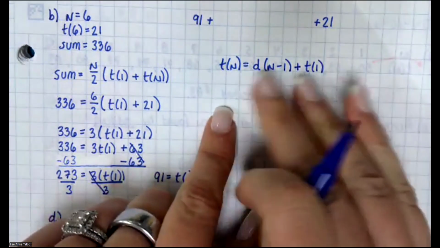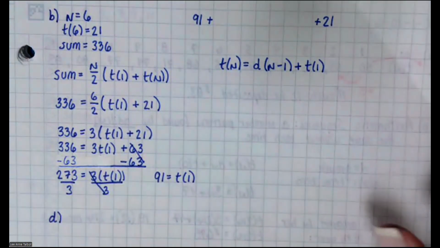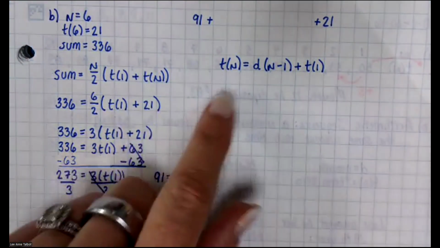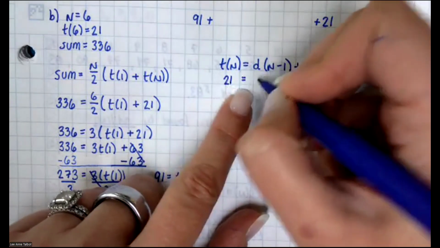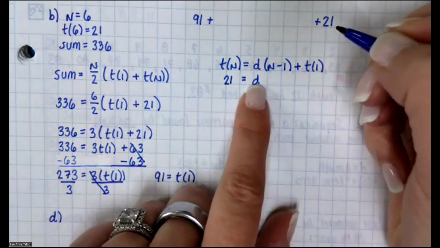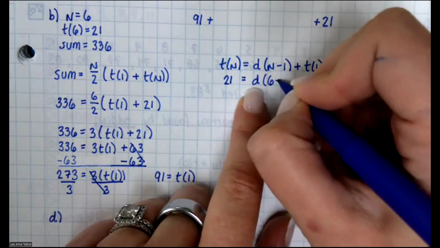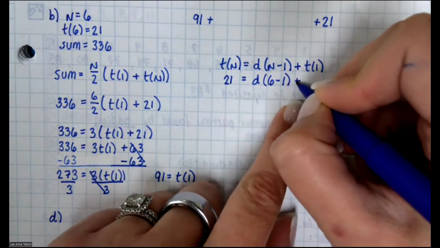Here's the general equation for when you're doing it in the first term. And we know our last number is 21. D is what we want to find. That's the growth. N is 6.